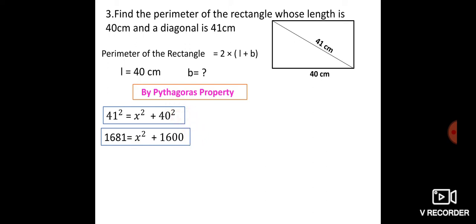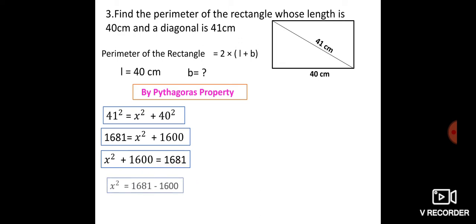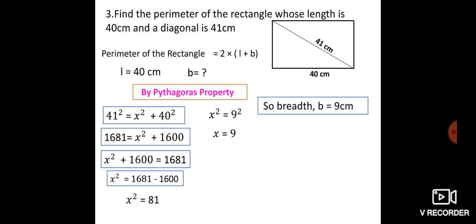We just change the position. x square plus 1600 equal to 1681. Then we subtract: x square equal to 81. 81 is which number's square? 9. Yes, x square equal to 9 square, x equal to 9. That is breadth equal to 9 centimeter.